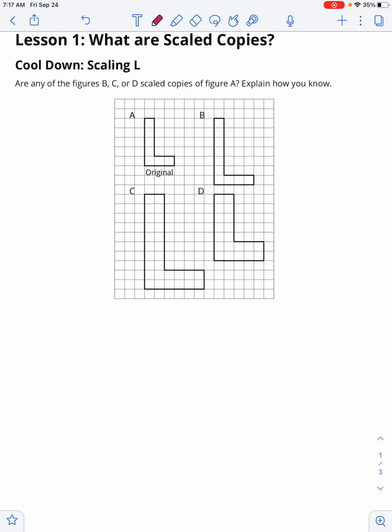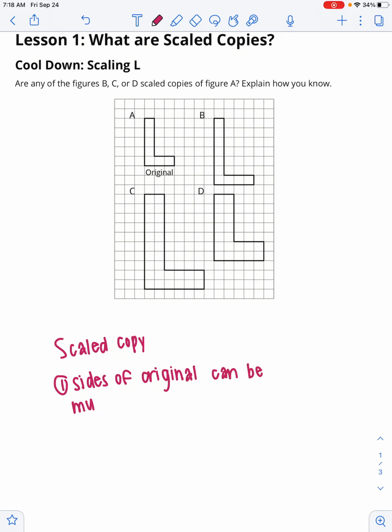So, let's review. In scaled copies, 2 things are true. The first thing is that the sides of the original can be multiplied by a scale factor, and the scale factor is just any number, so they can be multiplied by a scale factor to produce the corresponding sides.